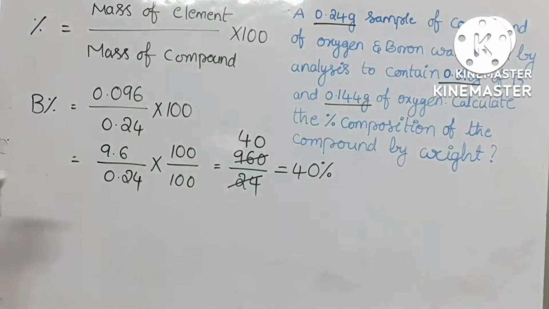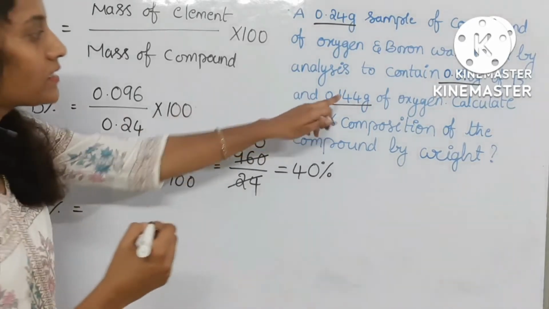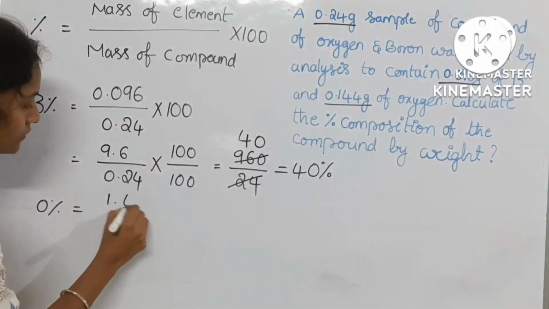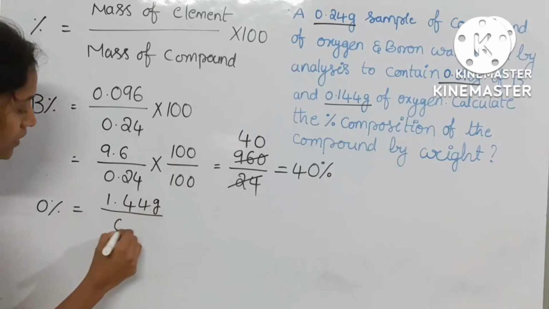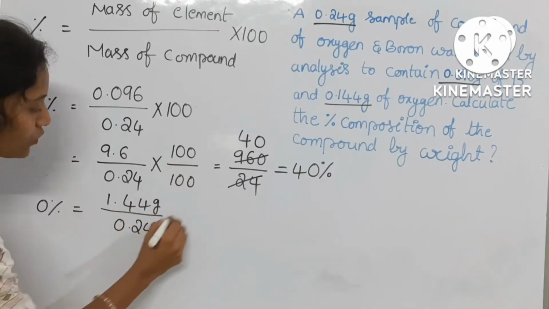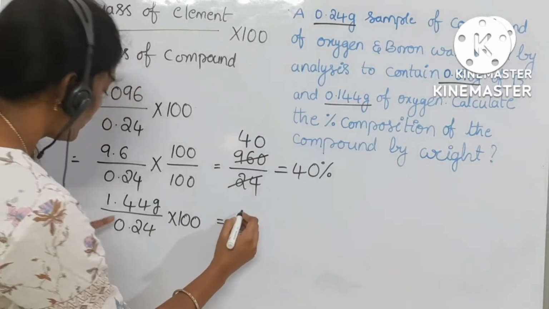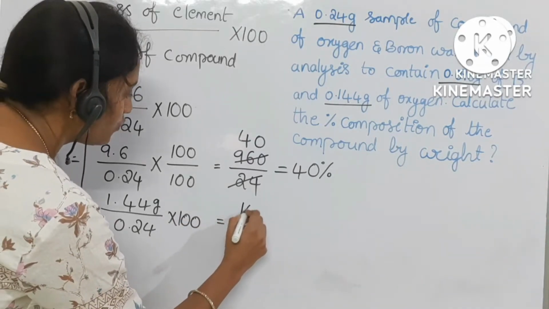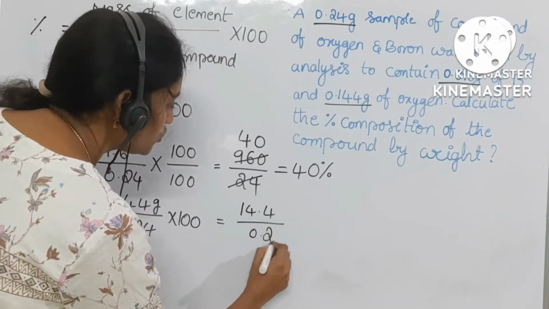Then coming to the calculation of oxygen's percentage, oxygen weight is 0.144 grams upon the complete compound weight, 0.24, into 100. Then this 0.144 will become 14.4 upon 0.24.